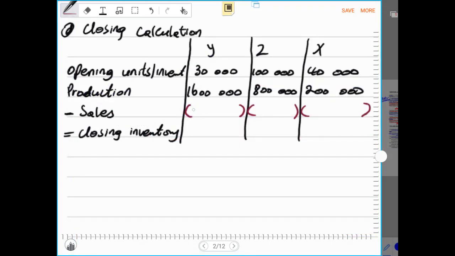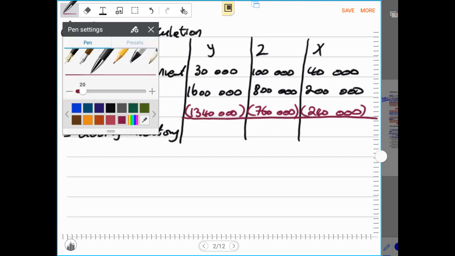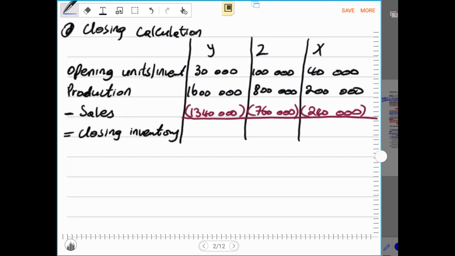The first is 1,340,000. The second one is 760,000. The last one, which is a byproduct, is 240,000 units. So with this being said, we can go to the next stage where we get to know how much inventory would have been left by the end of this period.